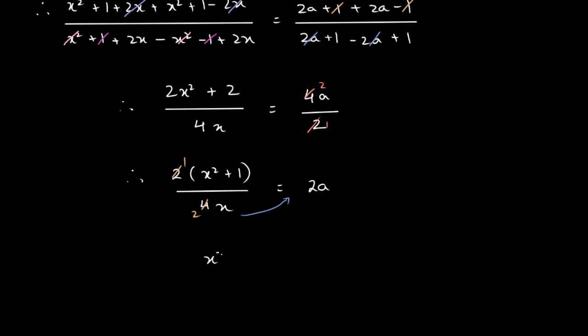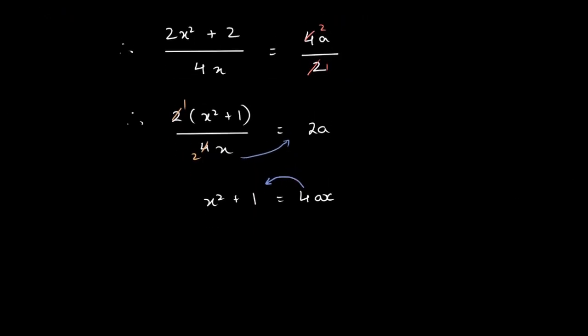So x squared plus 1 is equal to 2x into 2a, which makes it 4ax. Final step: if I take the 4ax to this side of the equation, I get x squared minus 4ax plus 1 is equal to 0. And this is the statement that we had to prove. So hence proved.